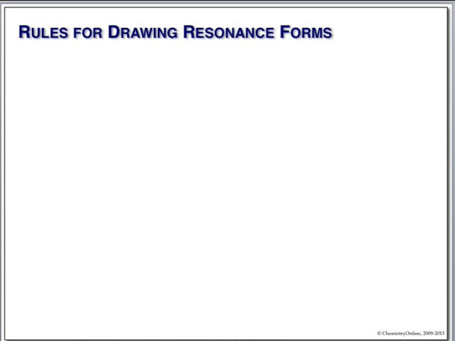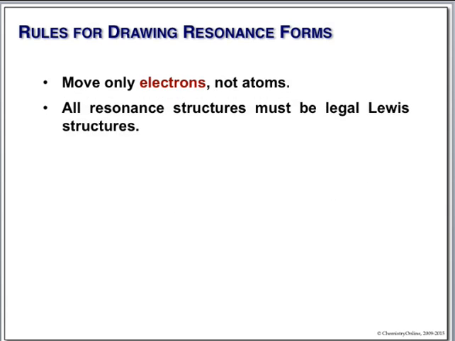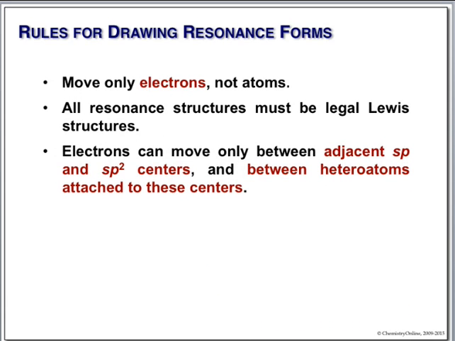When we draw resonance forms, the rules are very simple. Only thing you're allowed to move are electrons, not atoms. They all must be legal Lewis structures. Electrons move only between adjacent sp and sp squared centers and between heteroatoms that are attached to them.